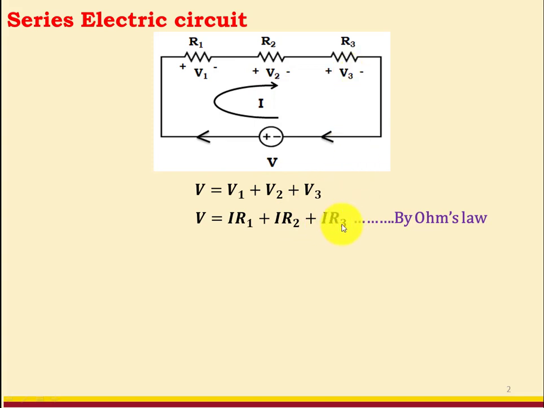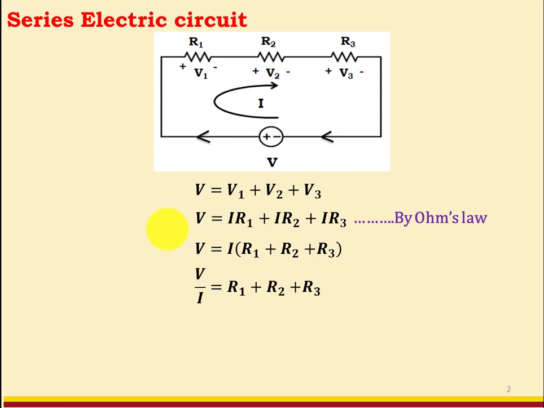Because by Ohm's law, voltage is nothing but product of current and resistance. Now which term we can take common from this? We can take current I as common. So we can write V equal to I in bracket R1 plus R2 plus R3. We can take this I on the left hand side. So V upon I is equal to R1 plus R2 plus R3.